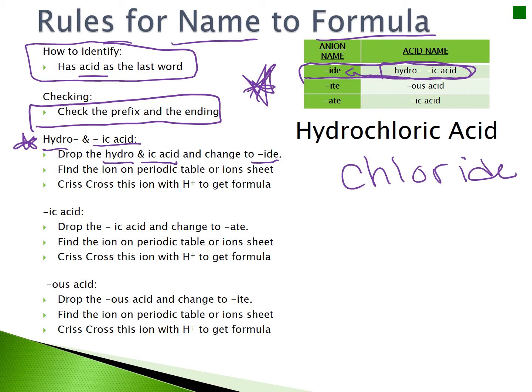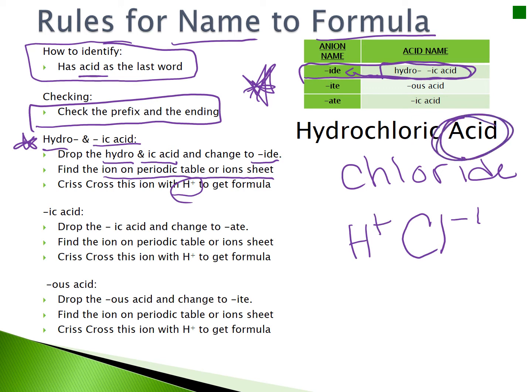So we're going to find that ion on the periodic table or ion sheet. Chloride, because it's that ide ending, is going to be Cl with a -1 charge. Because it's got that ide ending, you know that it has a charge. Then it's going to crisscross this ion with H+. The word acid tells us as chemists that it is hydrogen.